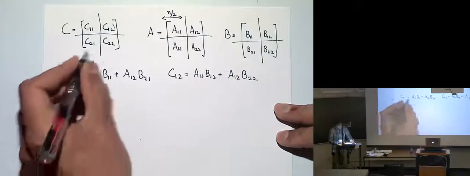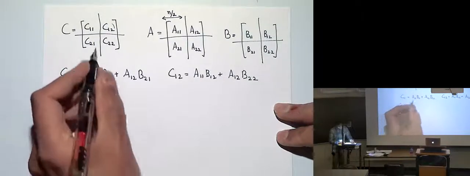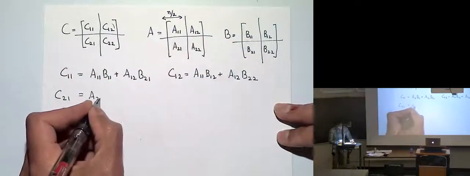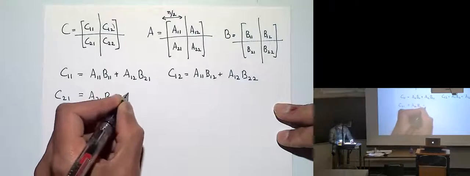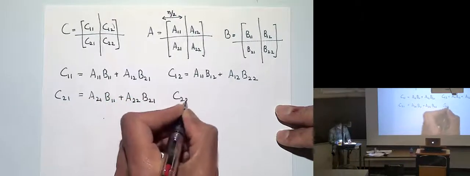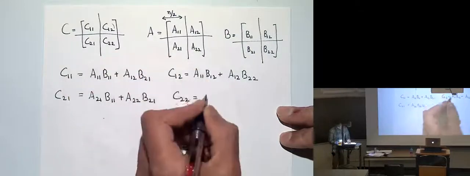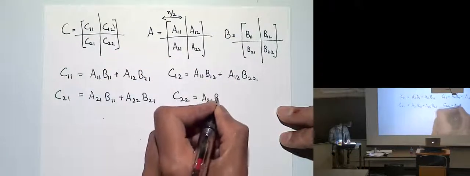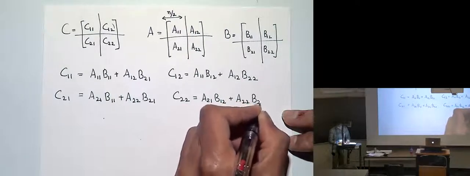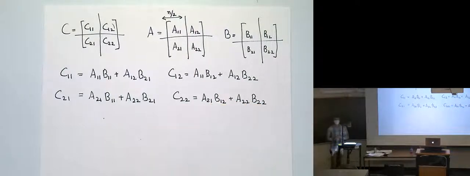C21, you do A21 B11 plus A22 B21. C22 is A21 B12 plus A22 B22.